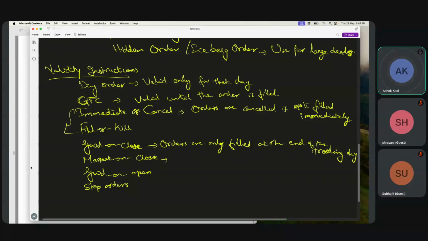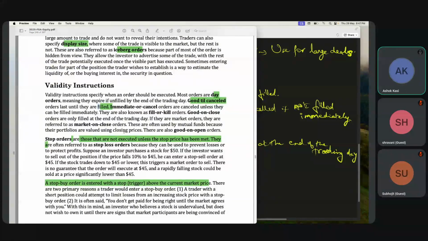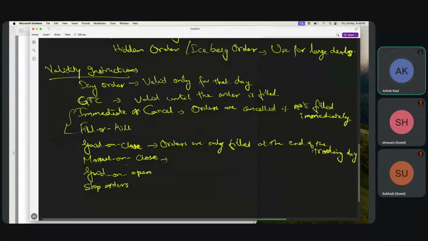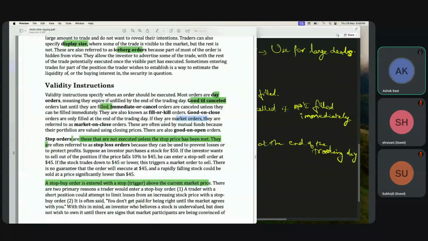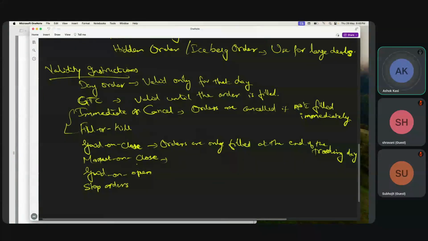Market on close means orders placed at the end based on the closing prices. So I can write this as market order at the end of the day.